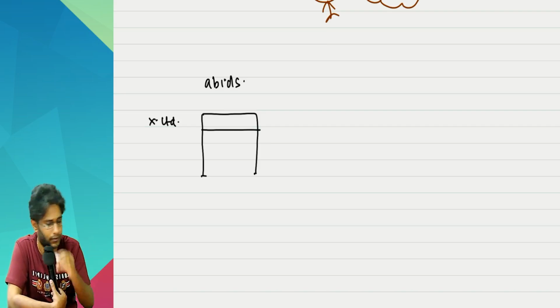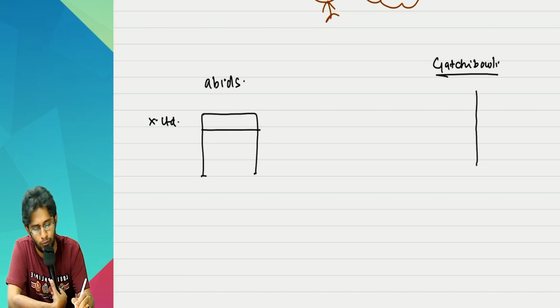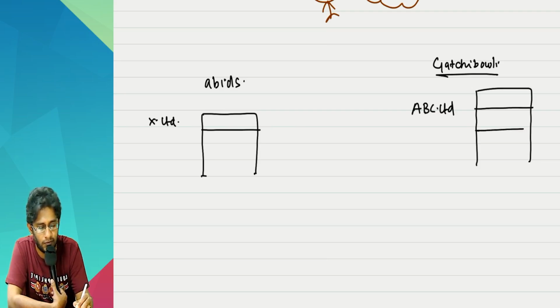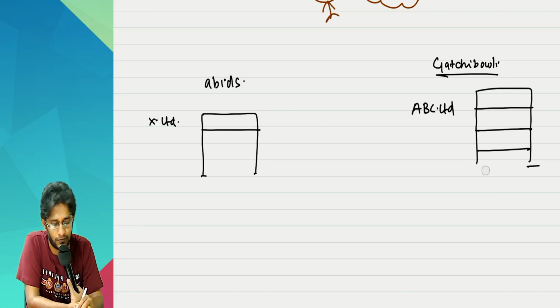Now, somewhere near Gachibowli, almost near the ORR area, one new building got constructed by ABC Limited. This fellow is the owner of this building. His intention is, we constructed a posh building, now we have to give it on rent.